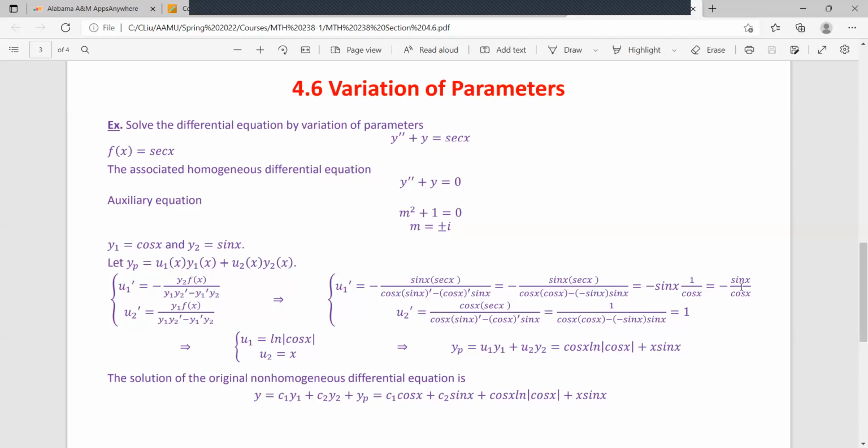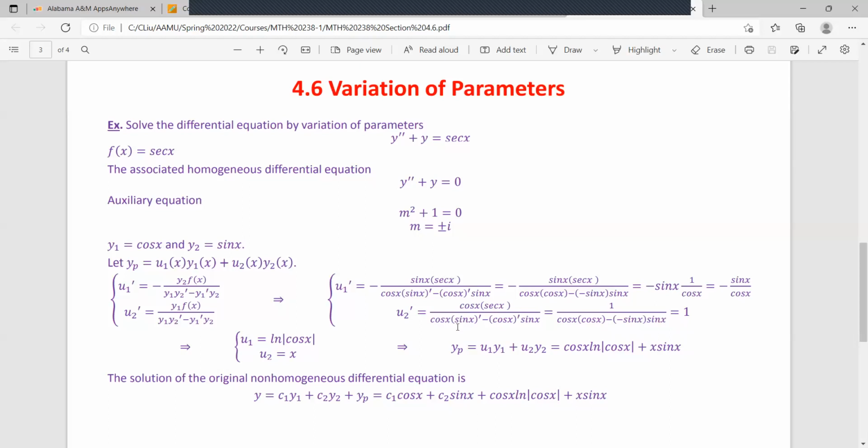And similarly, we can get u2 prime from the other formula. So that's just y1 f over y1, y2 prime minus y1 prime, y2. So again, y1 is cosine x, y2 is sine x. Just plug in, and f is secant x.